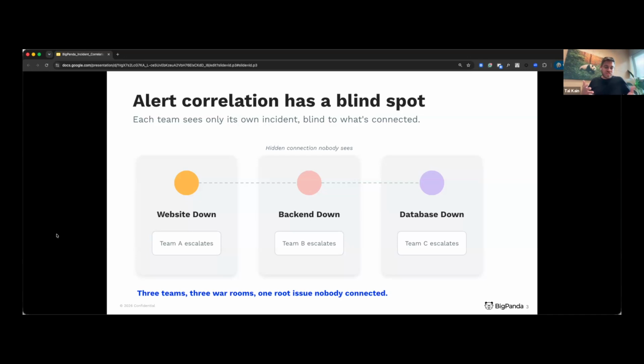Now, this is happening regardless of the L1, regardless of the NOC. The L2s and L3s are getting multiple alerts, multiple incidents, and if they don't have the right context, they might waste time or run in parallel to other teams without really knowing that, hey, you know what, we're actually working on the same problem together.